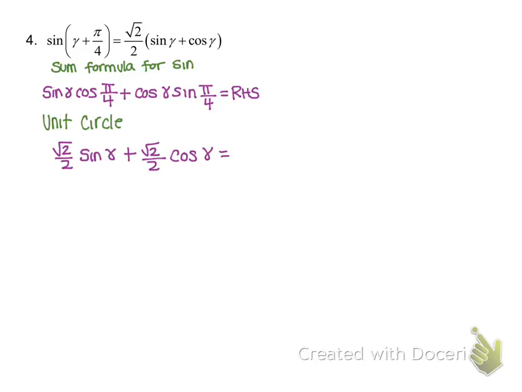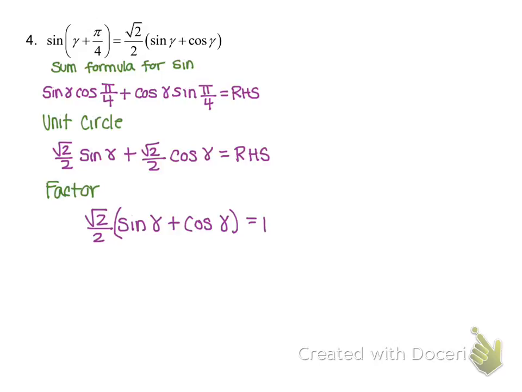So they both share root 2 over 2, so we're actually going to factor that out. So we have root 2 over 2 times the quantity sine gamma plus cosine gamma, which is exactly what we were looking for on the right-hand side.